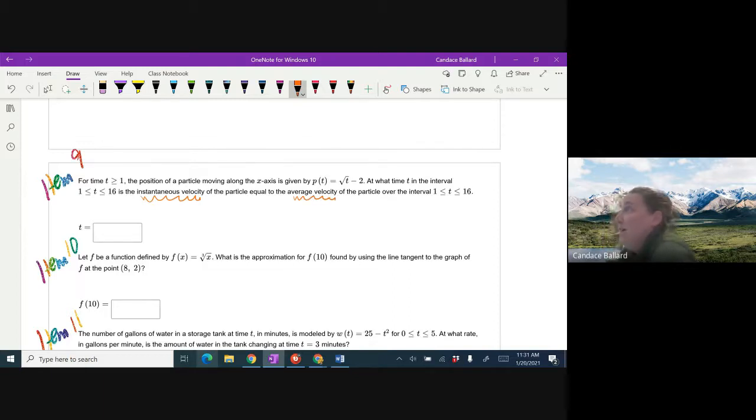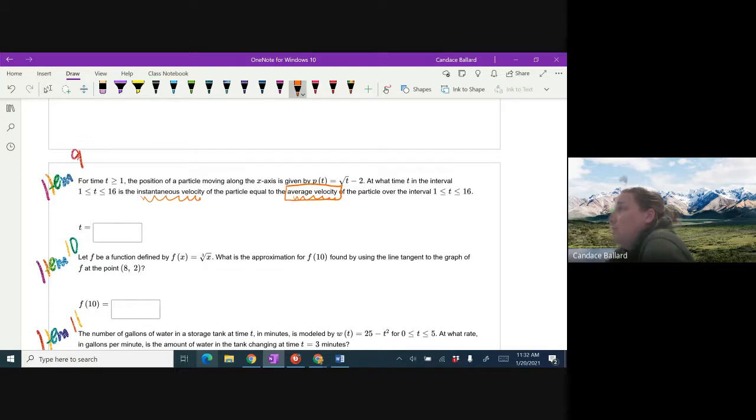Okay, so I'm going to have to calculate some kind of time. When I see average and velocity, what kind of calculation am I doing? What does that mean I have to do? So here's the two options. I take the derivative or I use the slope formula.